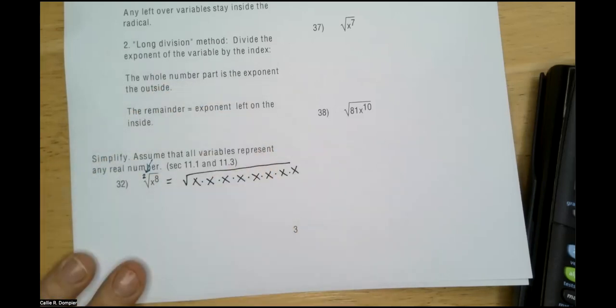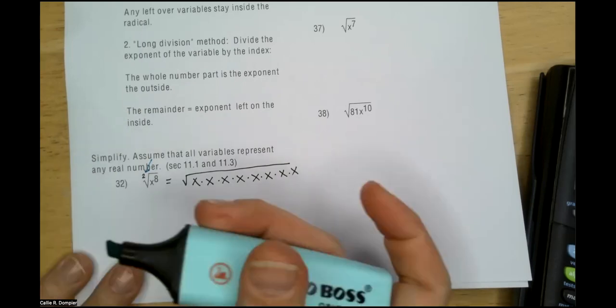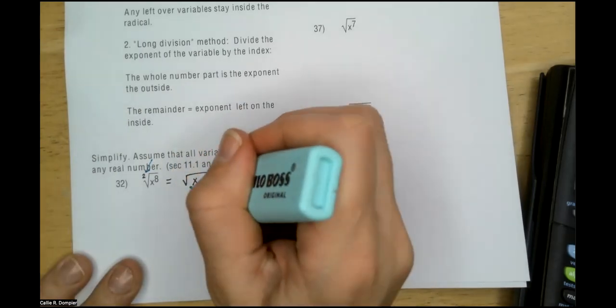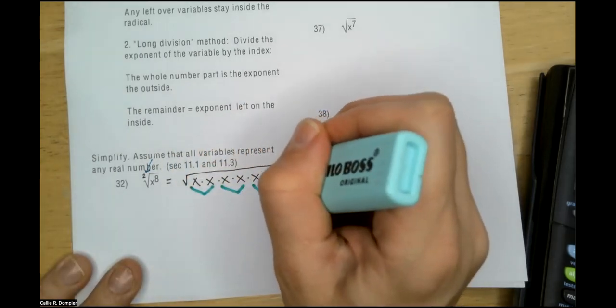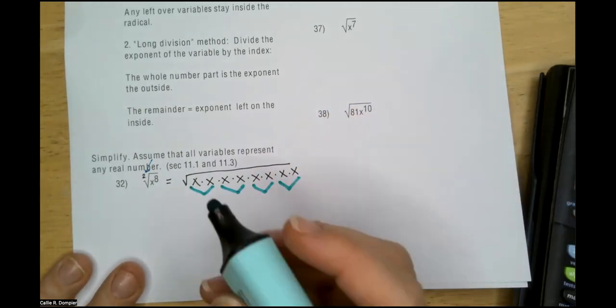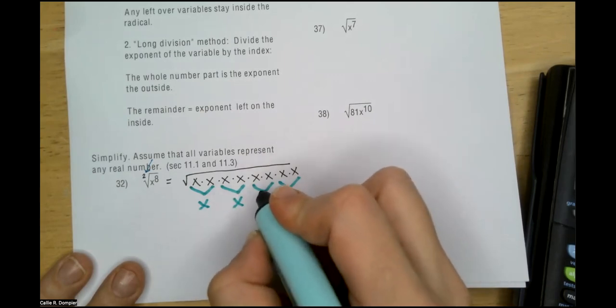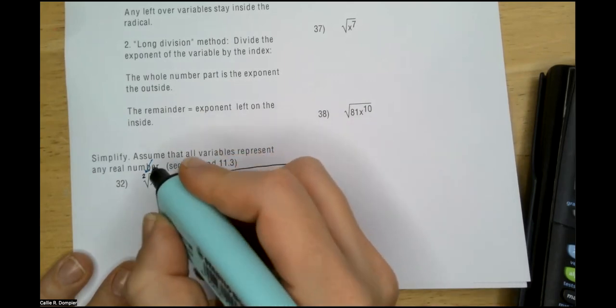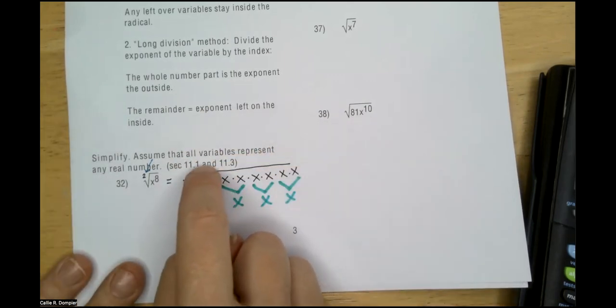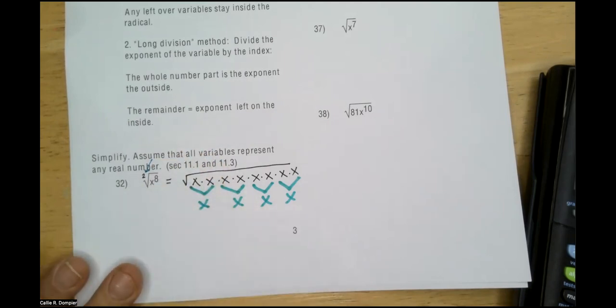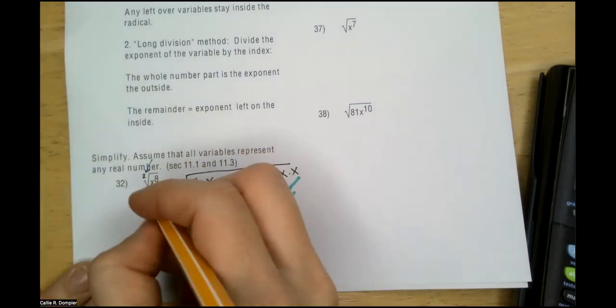Right now our index is 2, so I'm going to group them by 2s. Here's a group of 2, here's a group of 2, here's a group of 2, and here's a group of 2. Each of those groups accounts for 1 on the outside. So I take a group and I move it out as itself. So this is still the grouping method.